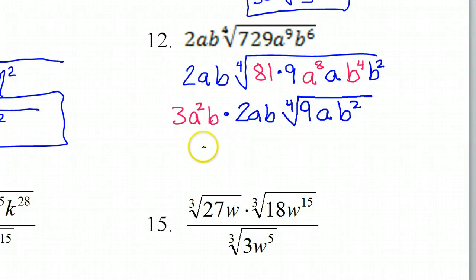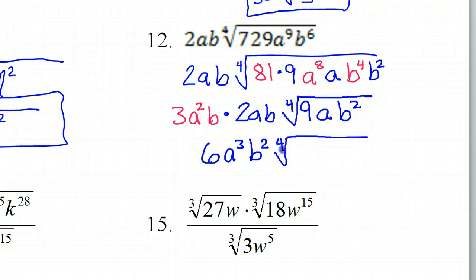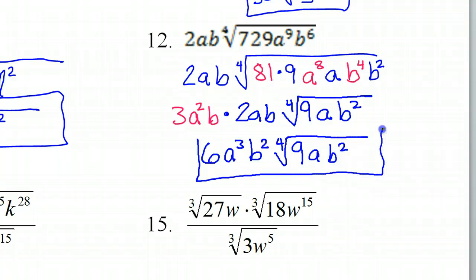So 3 times 2 is 6, so I'll have 6. A squared times a is a to the 3rd power. And then b times b, well, that's b squared. All right, so that would be the final answer for number 12.